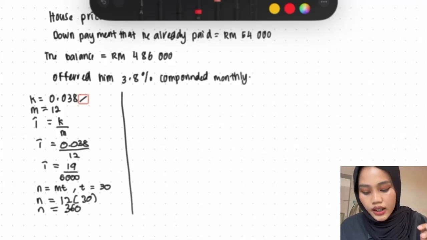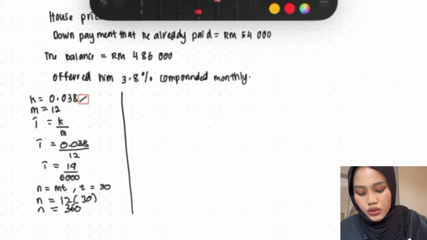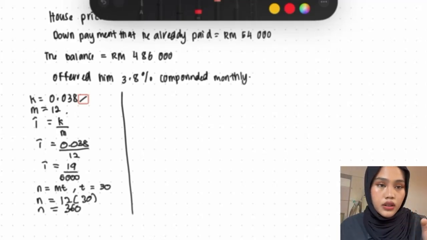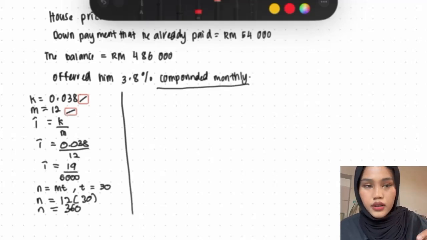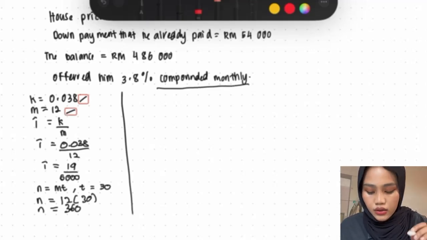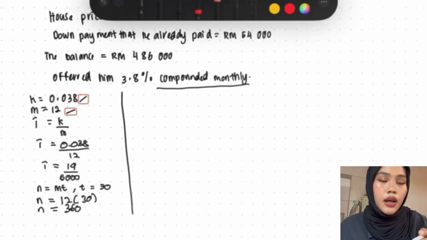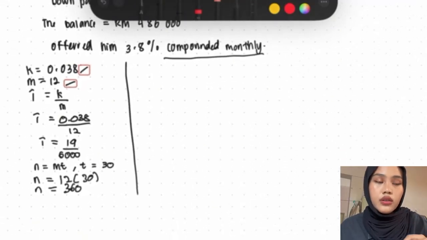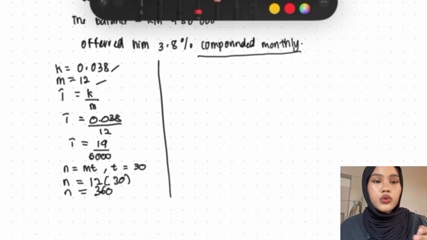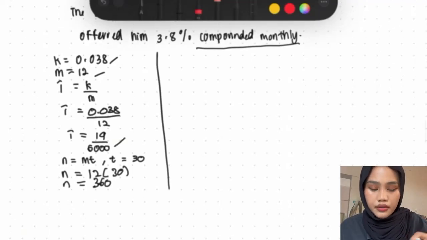So our k here is 0.038 after we switch it to the decimal point, and our m here is 12 because it was compounded monthly, meaning every month it was compounded. In a year we have 12 months, so m is automatically 12.